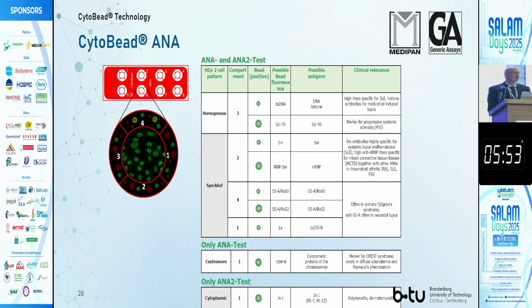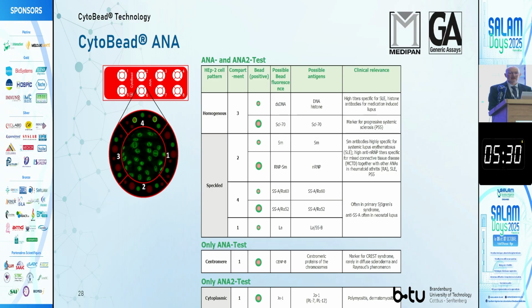So you could adapt the Cyto-B technology not just for the multiplex detection of ANCA, you can do it for ANA as well. And this is illustrated here on this slide. So the only thing that we did here was to divide the classical well of a slide into different compartments.